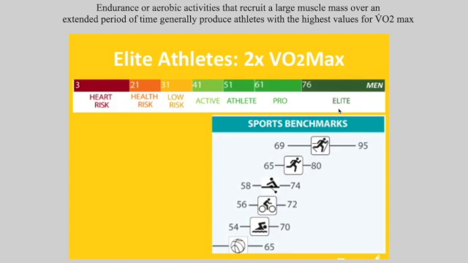As you see here in the sport benchmarks, it's 69 to 95 and 65 to 80, and that's basically the measurement that they did. So these two types of athletes have the highest.